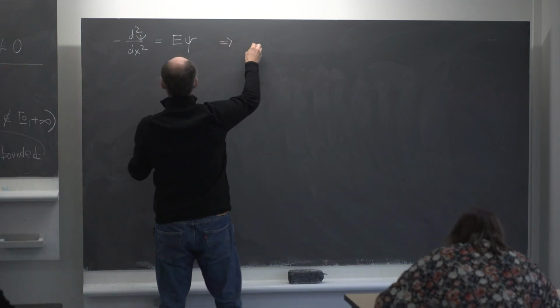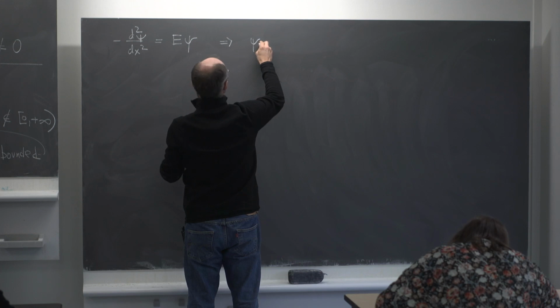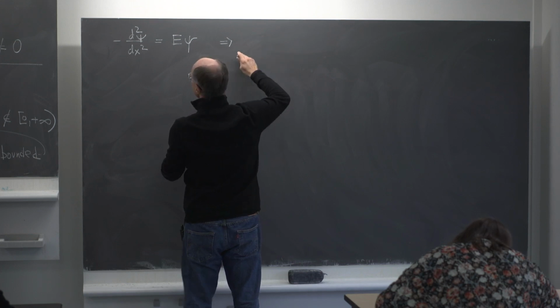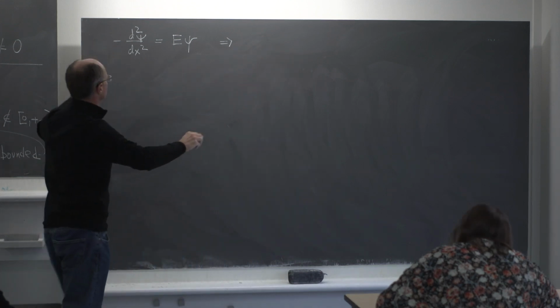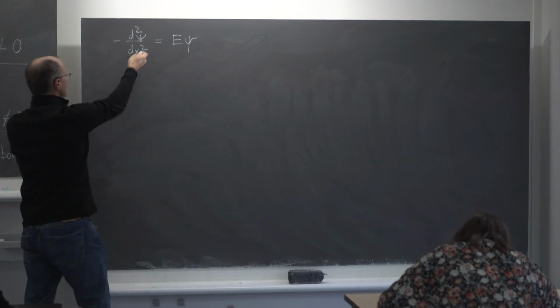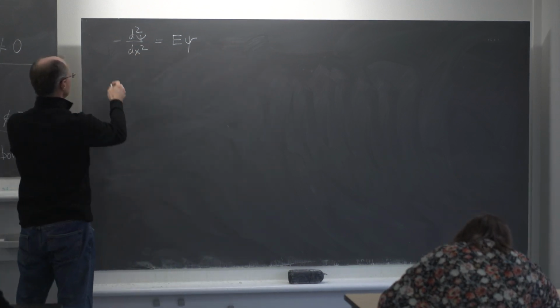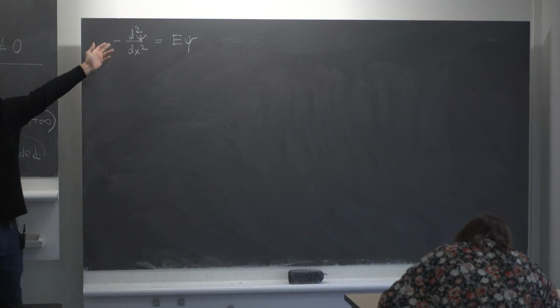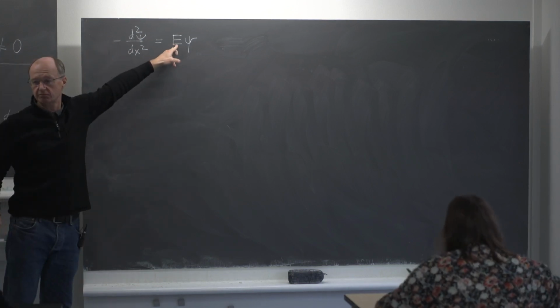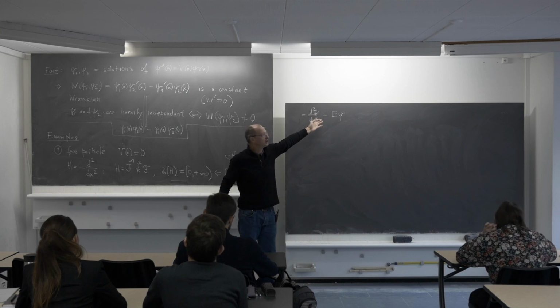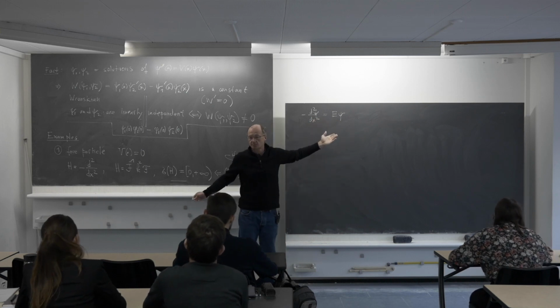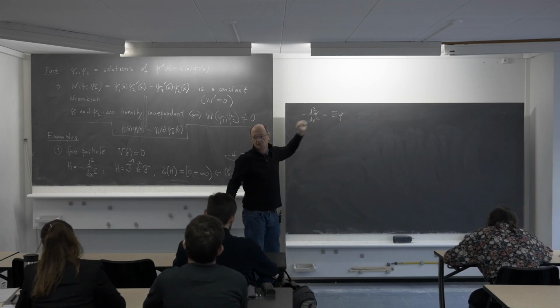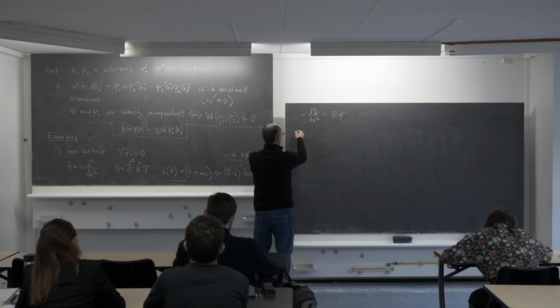Or maybe it's okay like this. So now what about solutions of this equation? Well, we know that for any value of e, the previous proposition tells us there will be two solutions. Doesn't matter what e is.